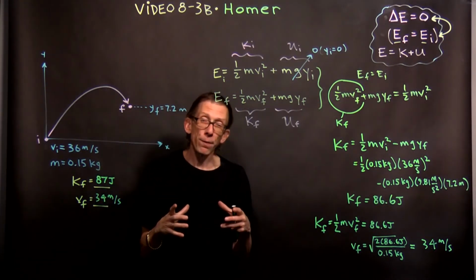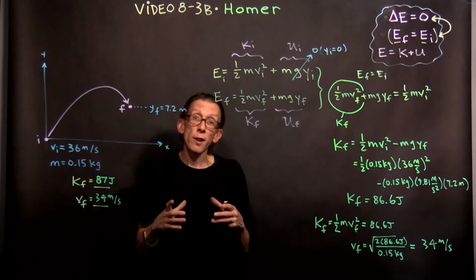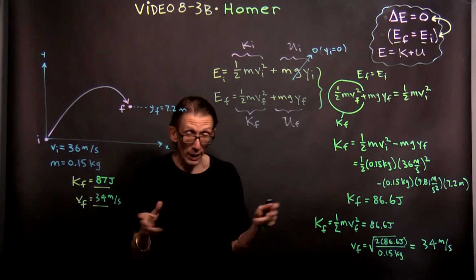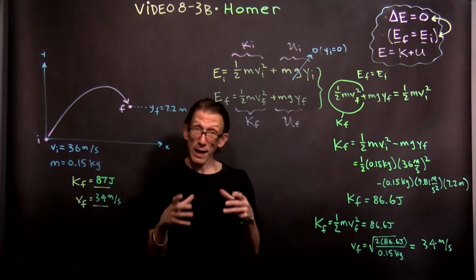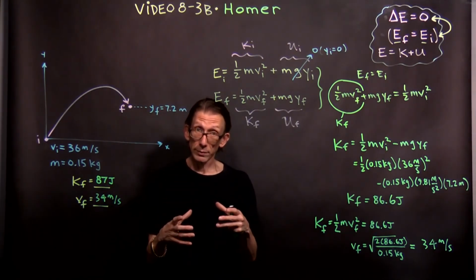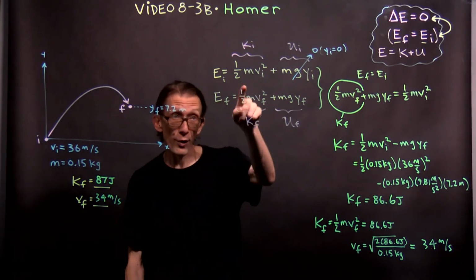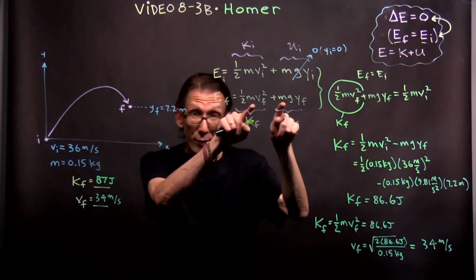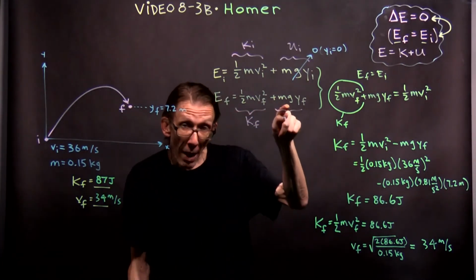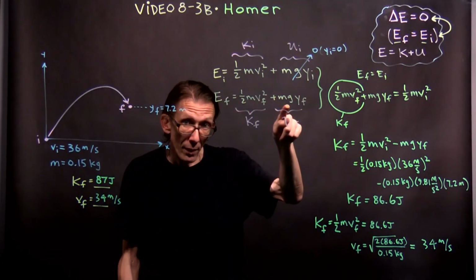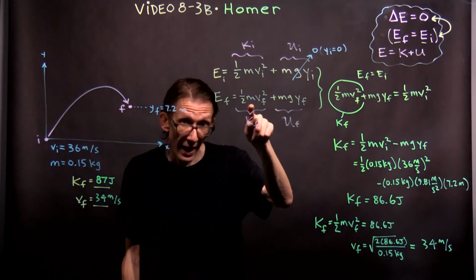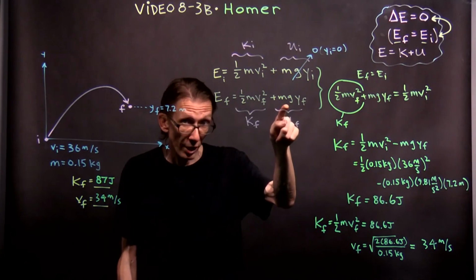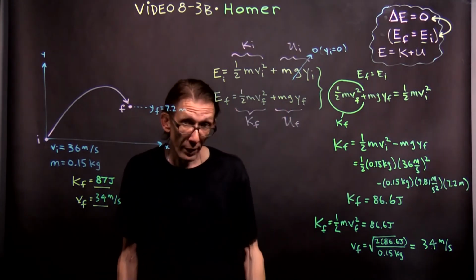By point F, some of that kinetic energy has been poured out into the potential energy bucket without losing any, but some still remains in the kinetic energy bucket, right? We started off with all kinetic energy, but at the final point here, we have kinetic energy and some potential energy, which means we had to lose some from the kinetic energy bucket to put any water into the potential energy bucket.